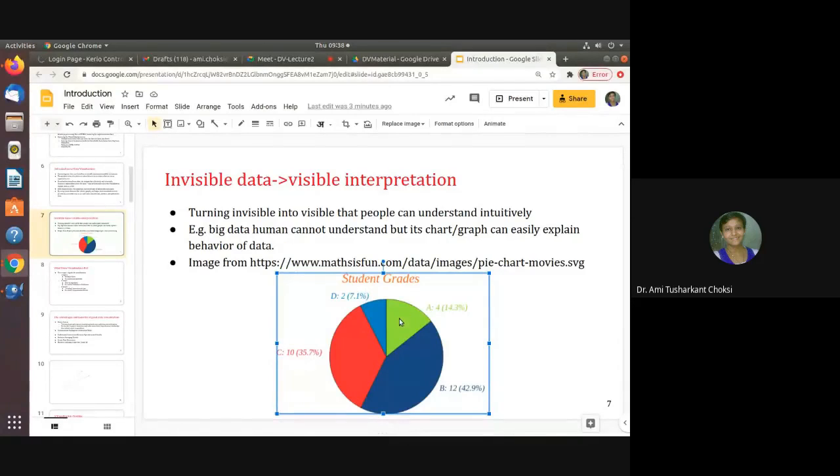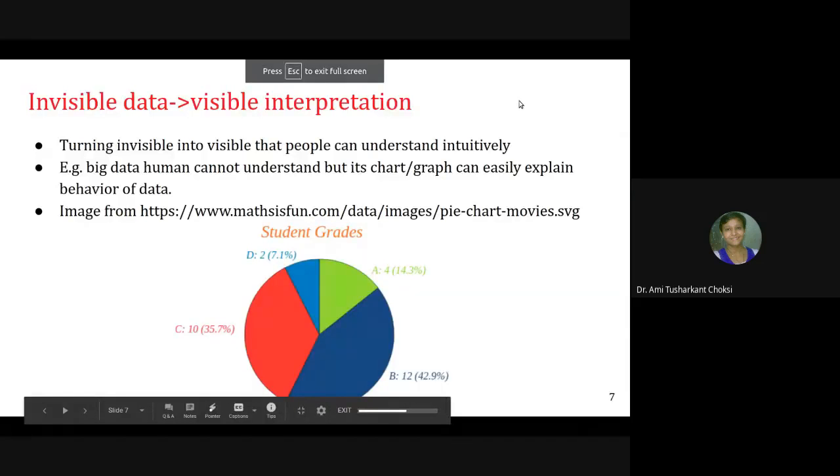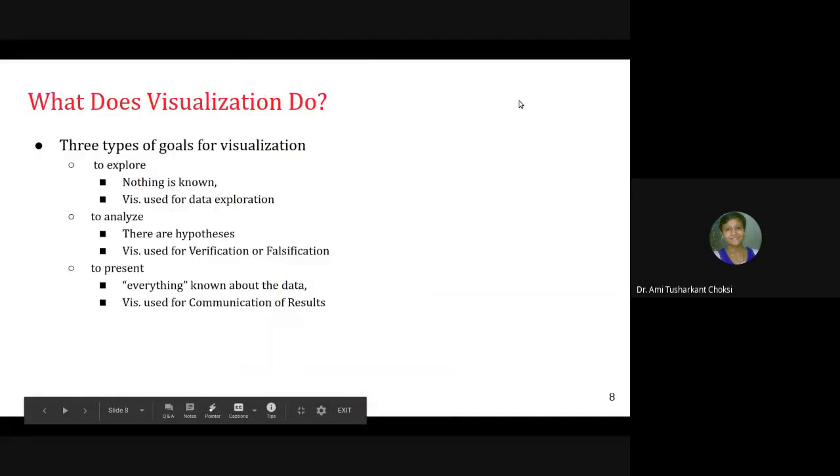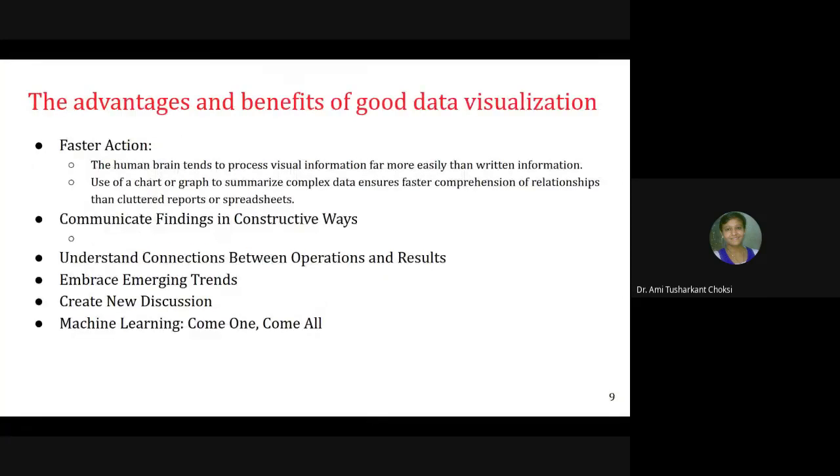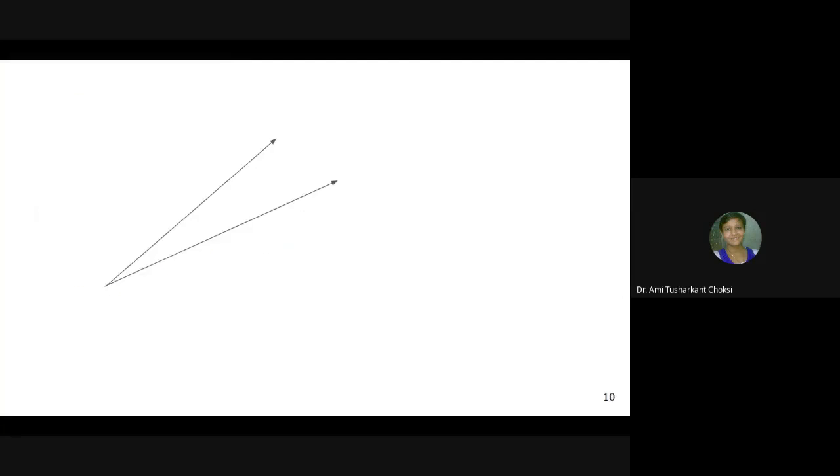What can you say? They are in the same group, isn't it? If they are in this dark blue color, then you can say they are in that particular group. So that is machine learning, isn't it? For grouping the data, we can show the visualization, and that is one type of machine learning.